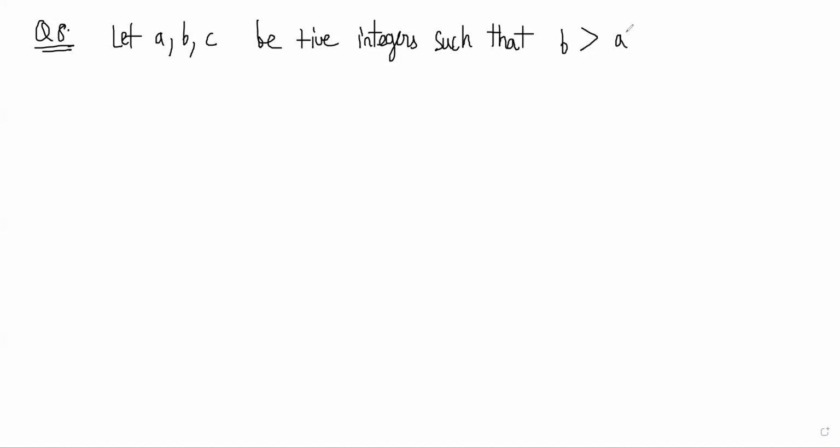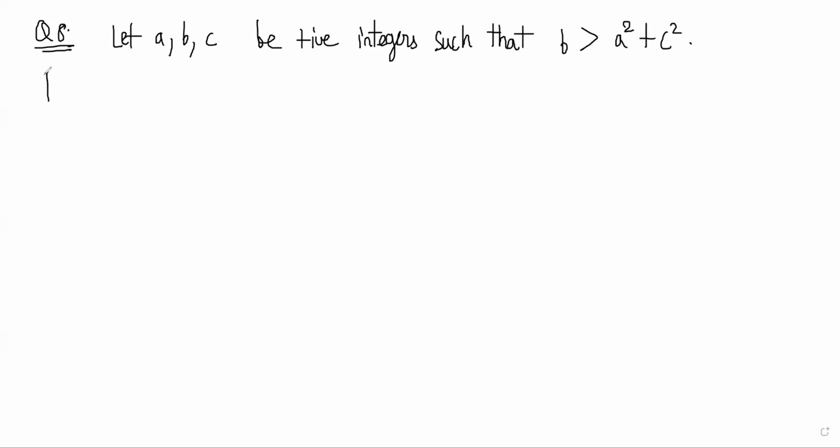Question number 8. Let A, B, C be positive integers such that B is greater than A square plus C square.